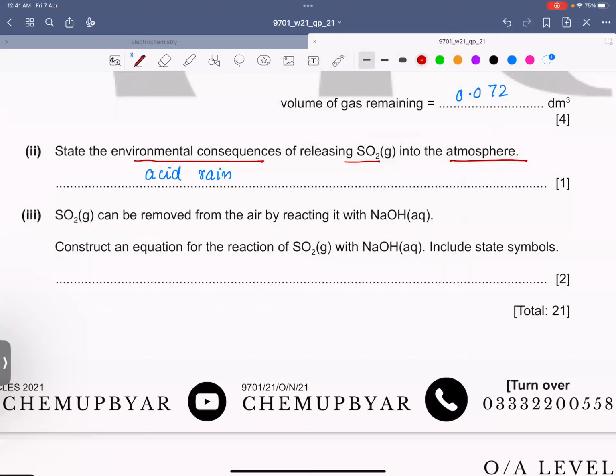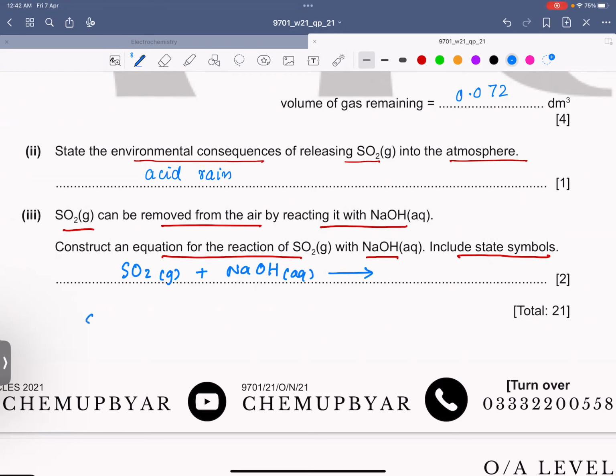Now, the next part: sulfur dioxide gas can be removed by reacting it with NaOH. Construct an equation for sulfur dioxide gas with NaOH, including state symbols. So it is sulfur dioxide gas reacting with sodium hydroxide. What would be the product? Sulfur dioxide is an acidic oxide.